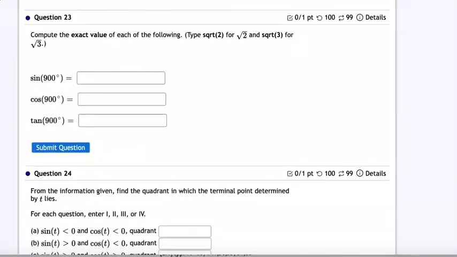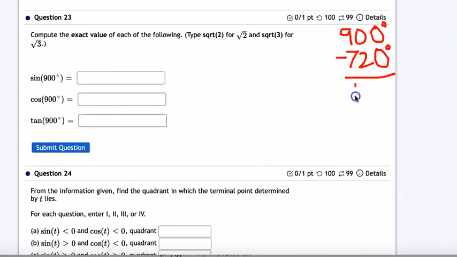Okay, so let's now look at number 23 on my open math. We are to compute the exact value at 900 degrees. So what is 900 degrees coterminal with? If you take 900 degrees and you subtract 2 multiples of 360, 2 multiples of 360 is 720.